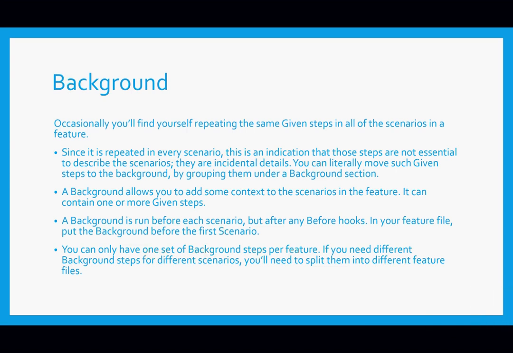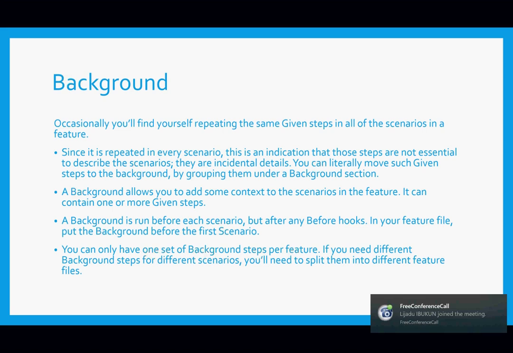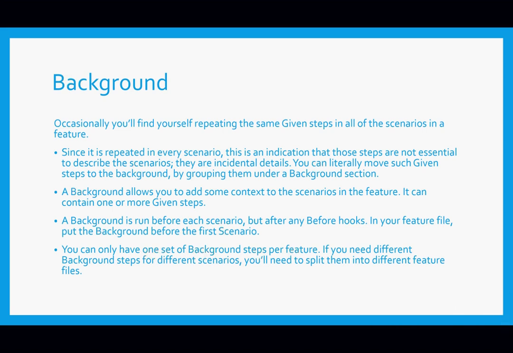It allows you to add that particular context into your feature. Which means that when your test is run, the background is run first for each scenario. For instance, if you have 4 scenarios in your test and you have one background, the background will run first, then the first scenario runs.